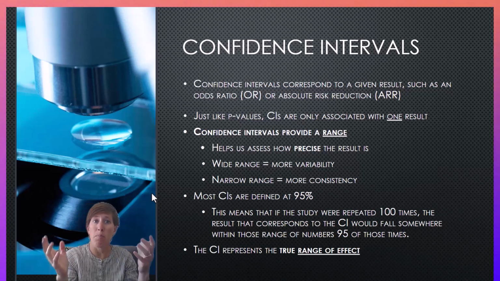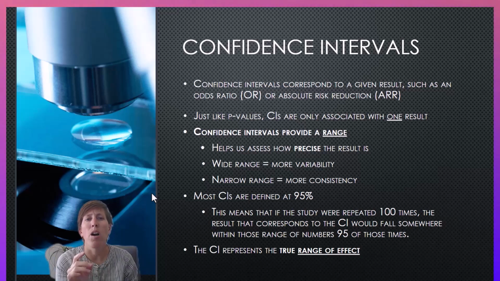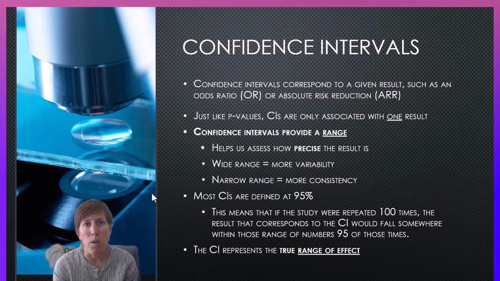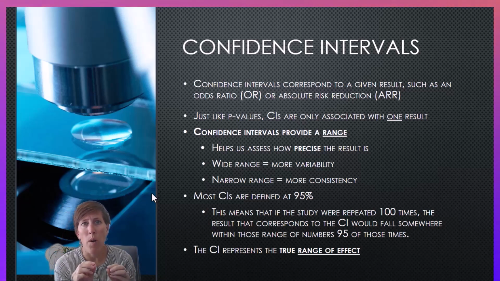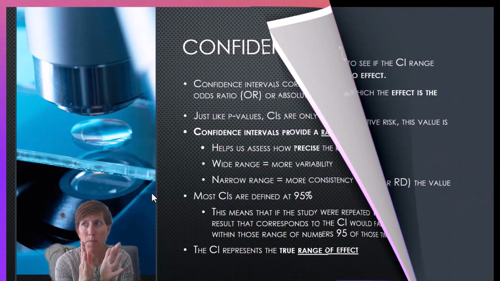To be just 90% confident, we have a more narrow range of values. For the most part, confidence intervals are defined at 95%. If we repeated the study 100 times, the results that correspond with the confidence interval would fall somewhere in those ranges 95 of the 100 times.